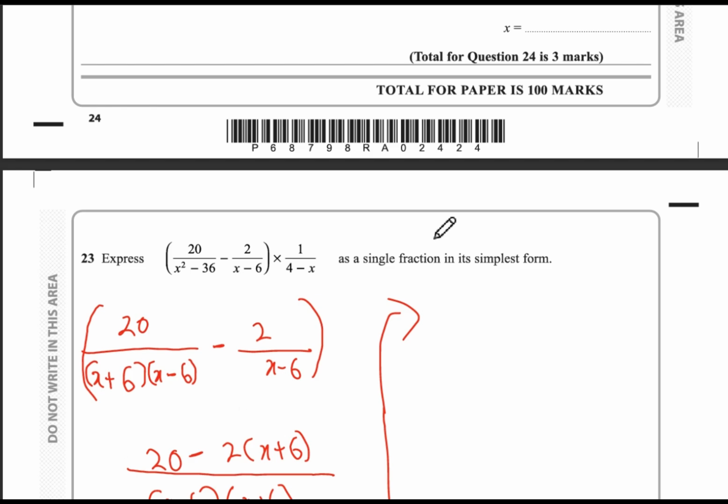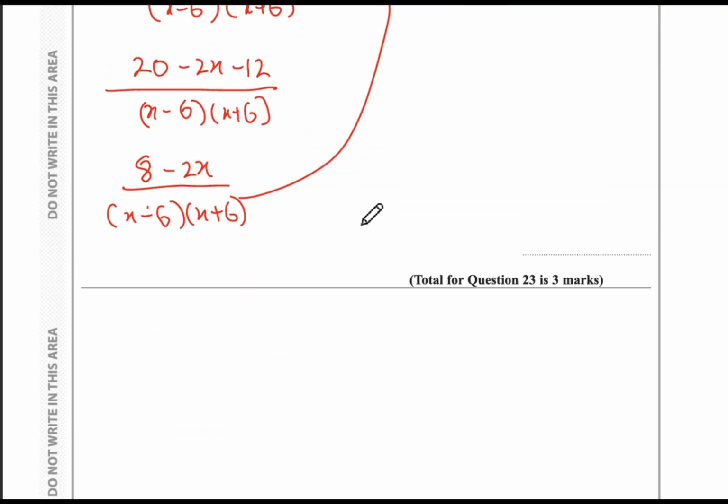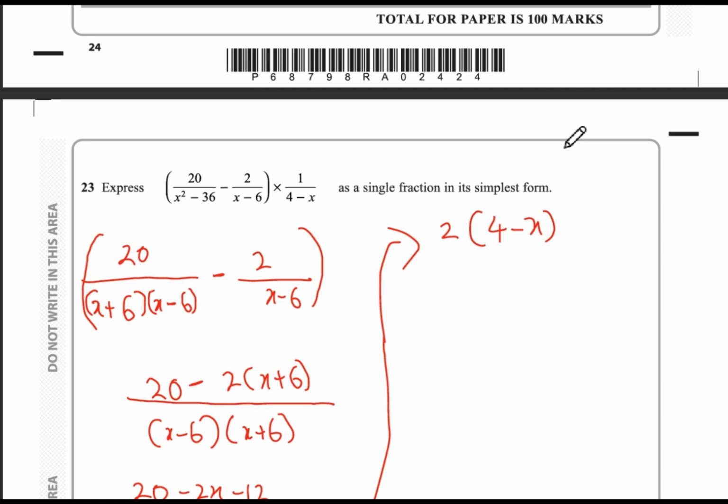So when I take 2 out, I'll be having 4 minus x, right? Because 2 times 4 is 8 and 2 times minus x is minus 2x, and then I'll be having my denominator, which is x minus 6, x plus 6.